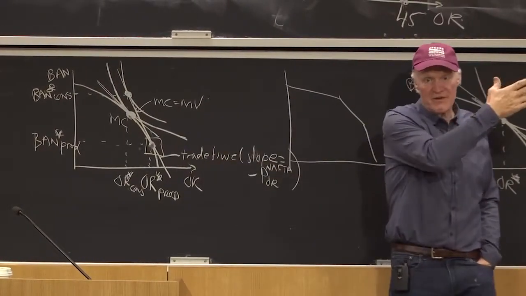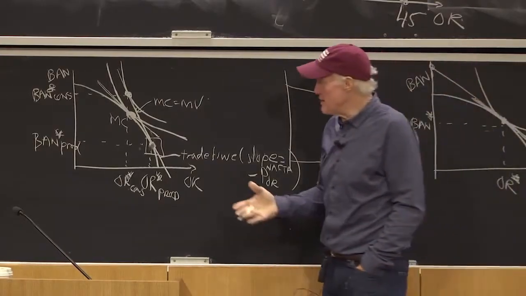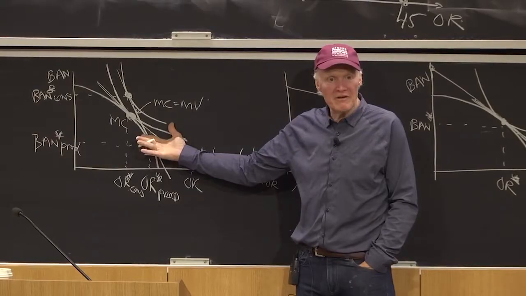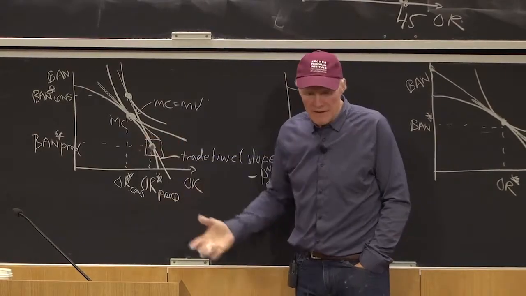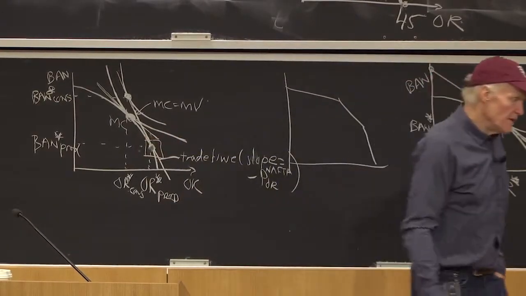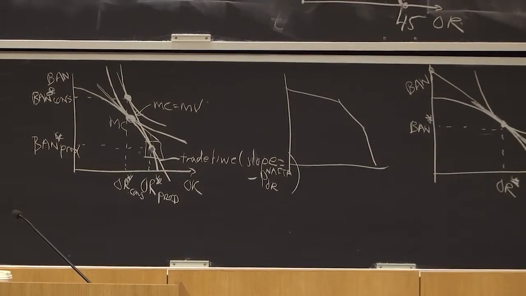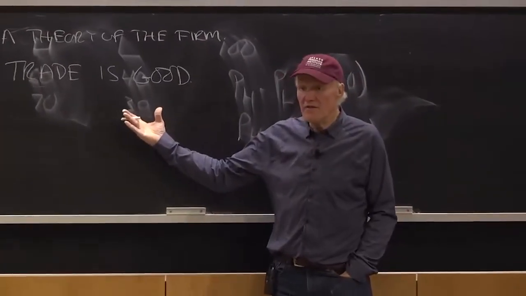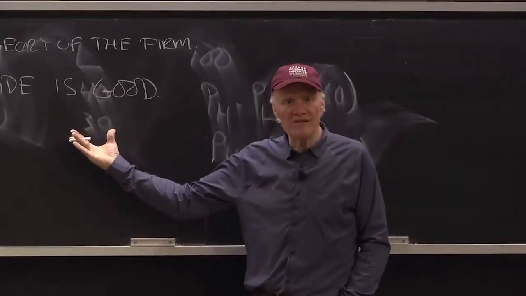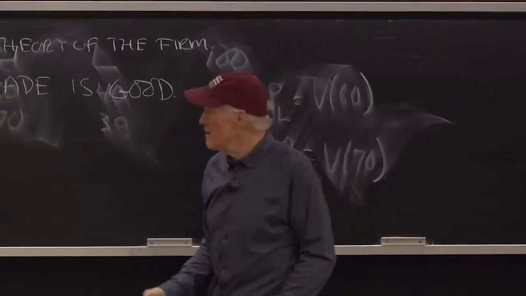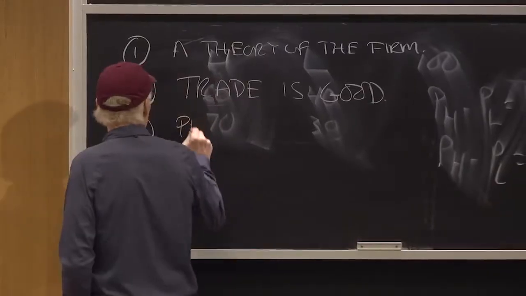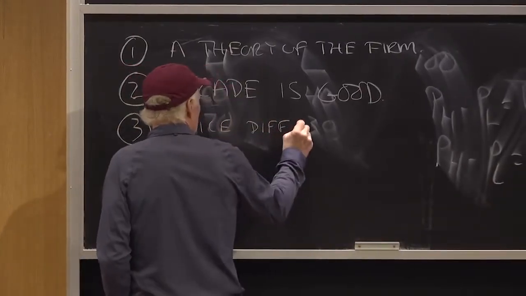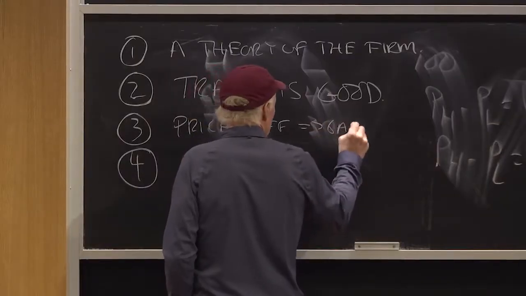Like you have a theory of the firm, why we talk about profit maximization. Number two, trade is good. He's better off. Right? All right? And the gains from trade are biggest the more different the world price is from your price, right? Price difference implies gains to trade.